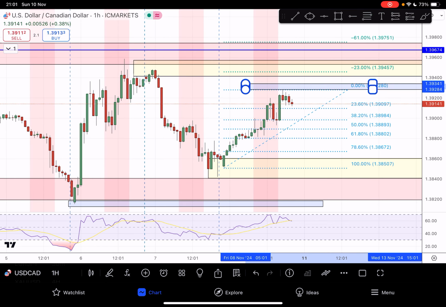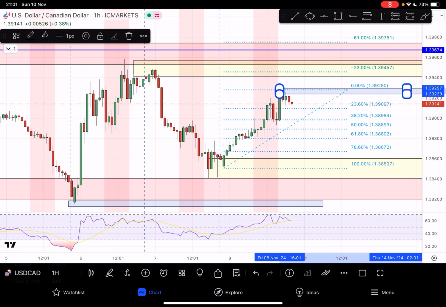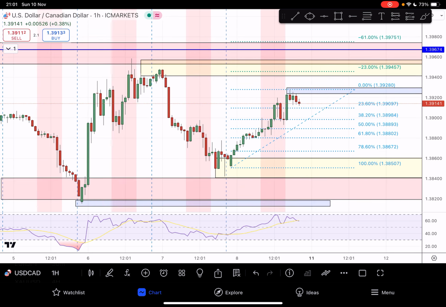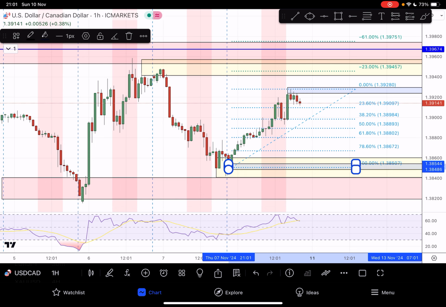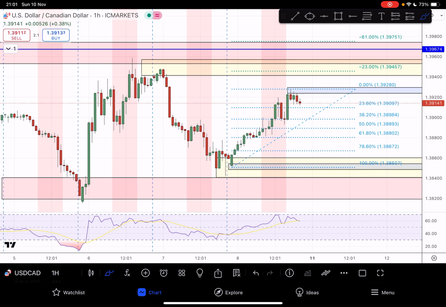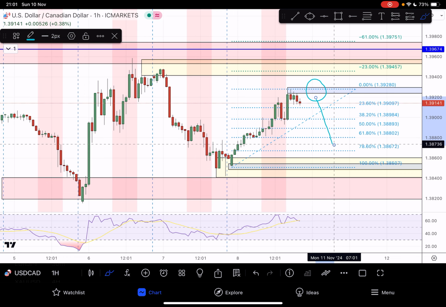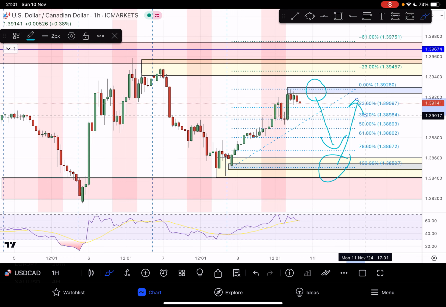You've got your H1 resistance level as well as a H4 support level. When price comes close to here, we'll sell, looking to go down. When price is here, we'll look for a buy, looking to go up.